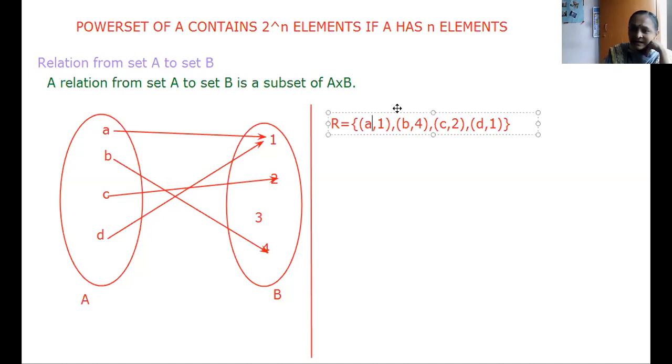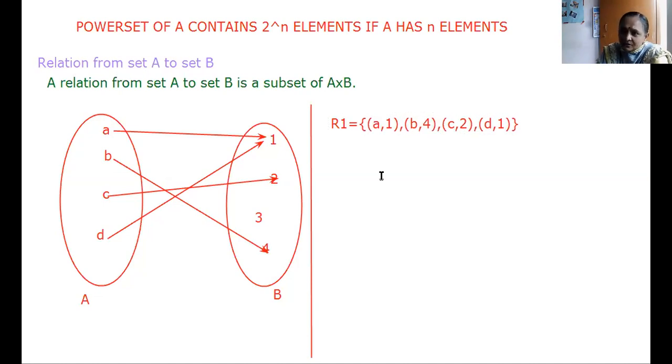So this is nothing but one relation I have written, and I'll denote this relation as R1. Okay, so this is a relation because every first entry is from set A, and every second entry is from set B. So this is a subset of A cross B. So I write subset of, and let me write A cross B. You have set notation with you, so you can write in your language.